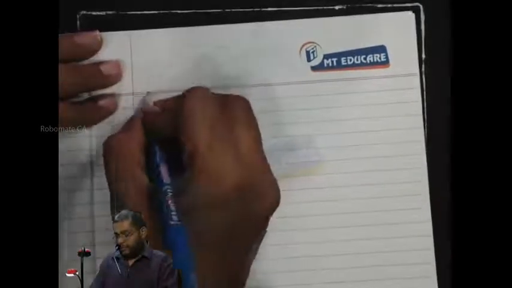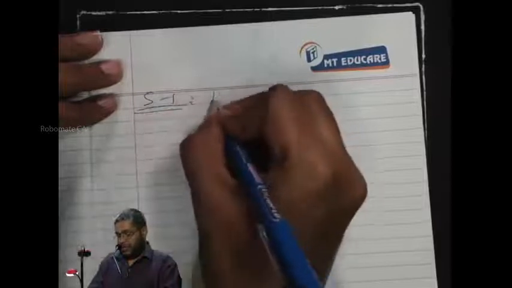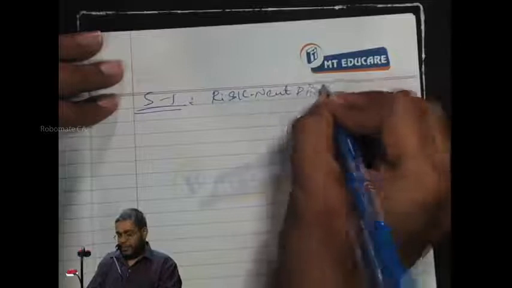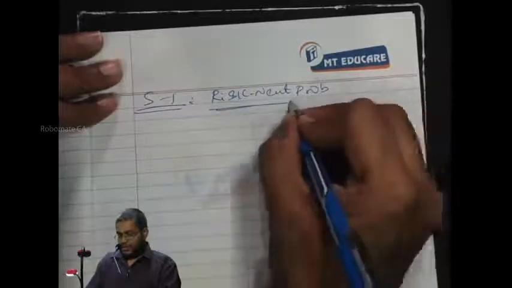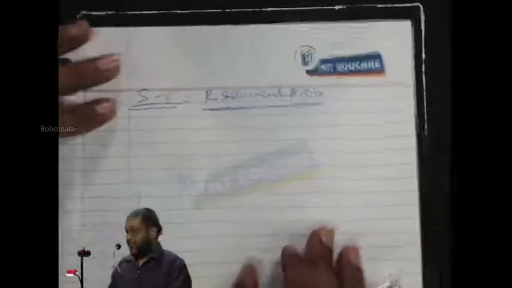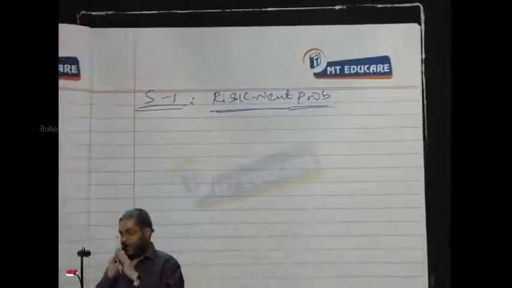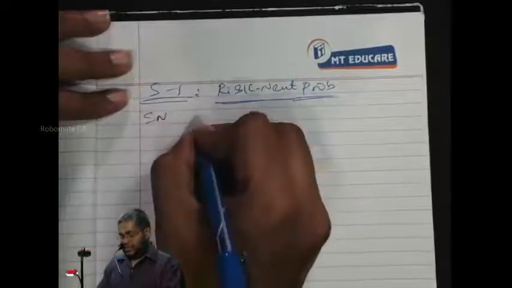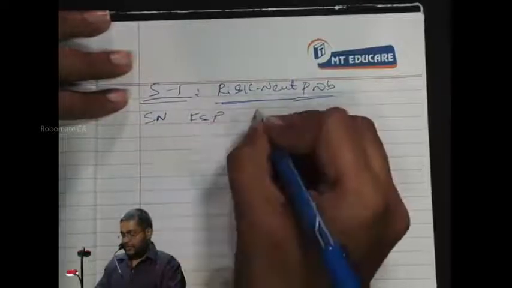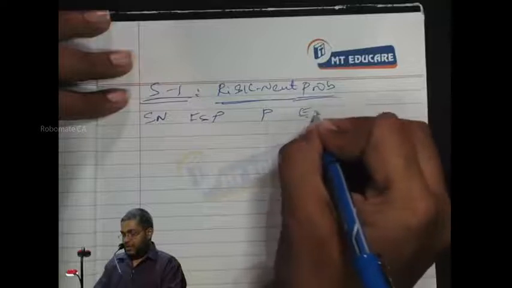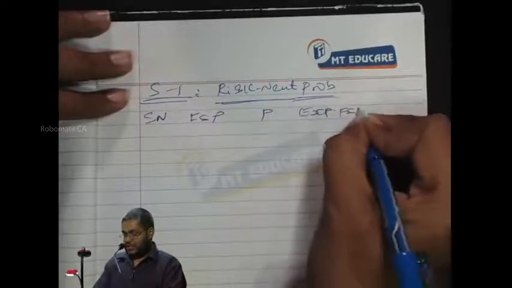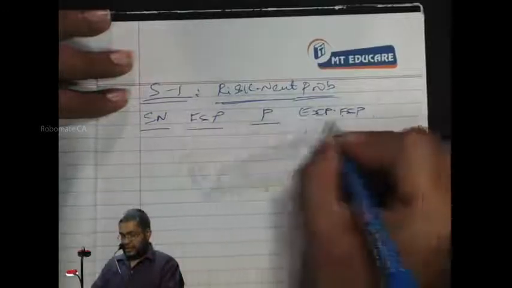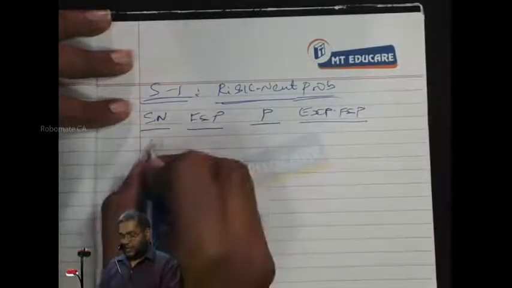Write down step 1. Do along with me. Step 1 is risk neutral probability. Columns: situation, next FSP, probability, expected FSP.